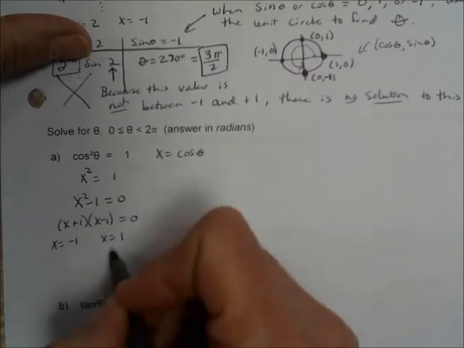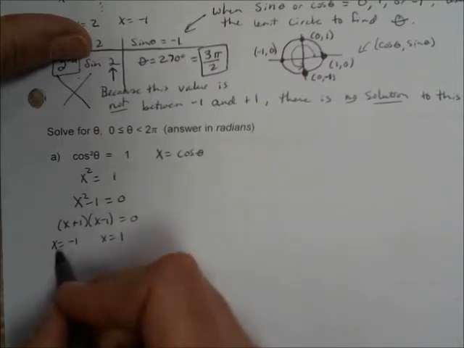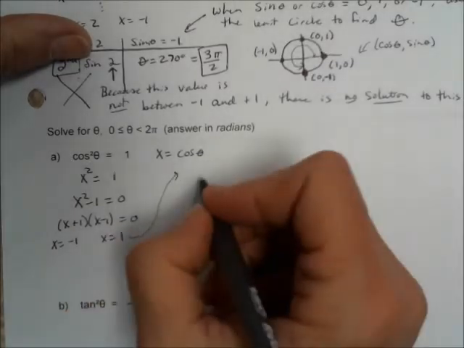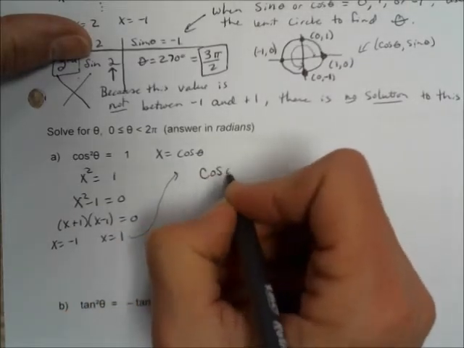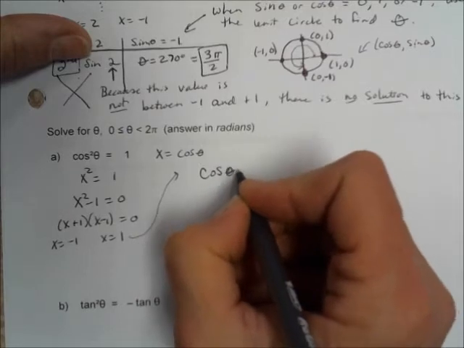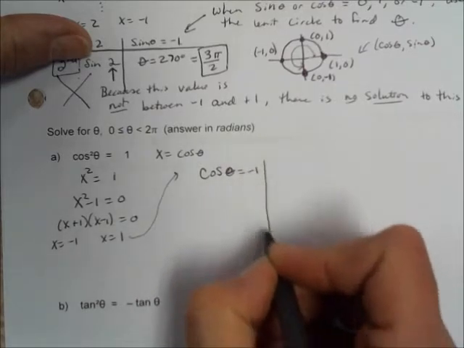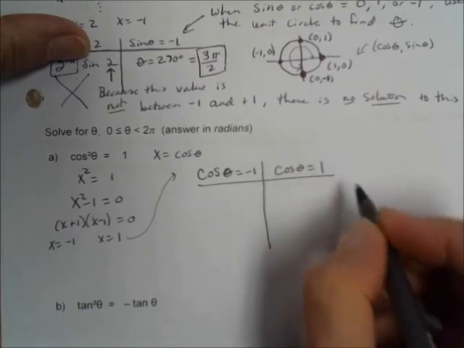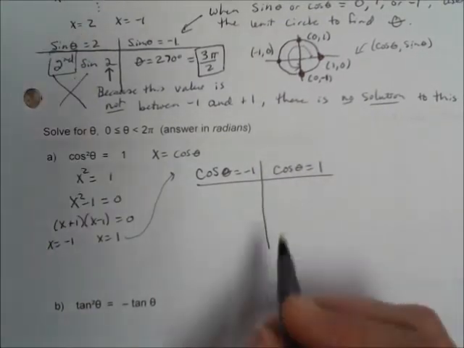But it's not x, it's cosine. So we're not solving for x, we're solving for the cosine of theta. So instead of x, I'm going to say cosine of theta is equal to negative 1 on the left side, and over here cosine of theta is equal to positive 1. So there's my t-table.